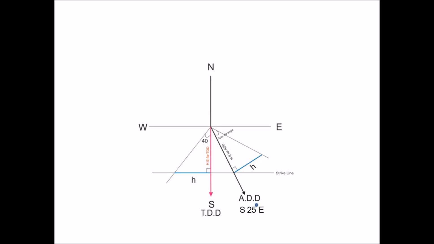Now the second part which is given is the direction of apparent dip, which is 25 degrees east of south. So we draw this direction, and once you draw this direction, what you are doing is drawing the HE for the apparent dip direction.